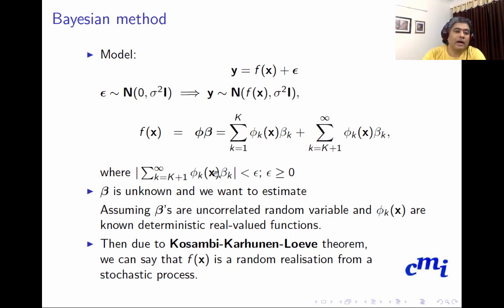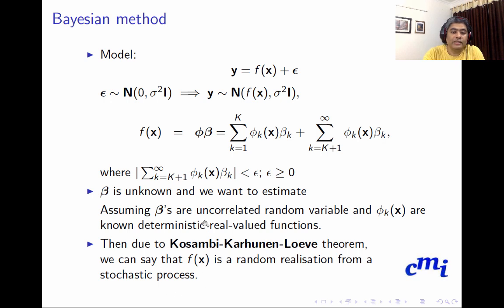Now the betas are unknown and we want to estimate them. In the Bayesian method, parameters are always considered as random variables. So if you consider the betas as uncorrelated random variables and phi k of x as completely known deterministic real valued functions, then there is a very old theorem, the Kosambi-Karhunen-Loeve theorem, that says that f of x is a random realization from a stochastic process.